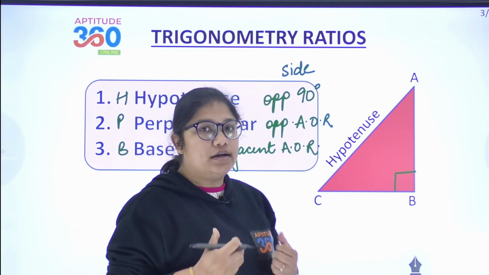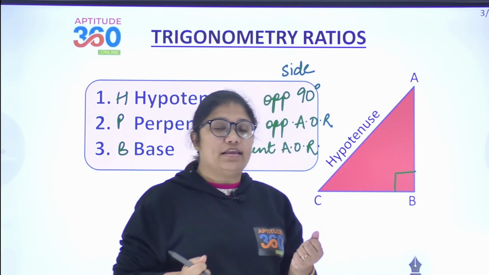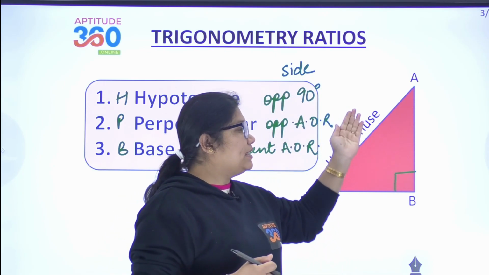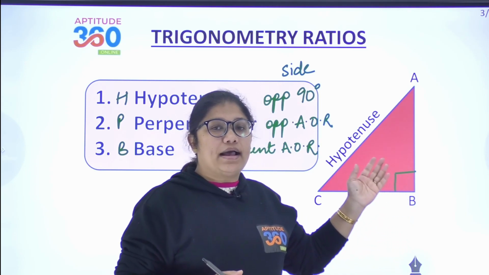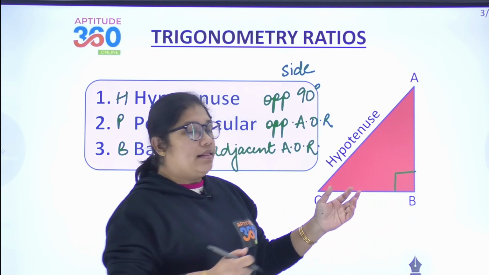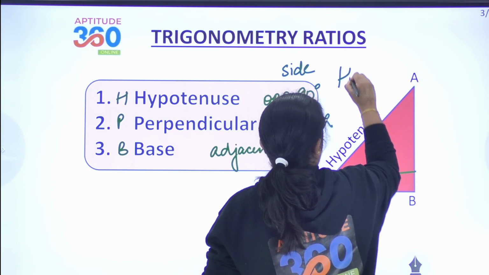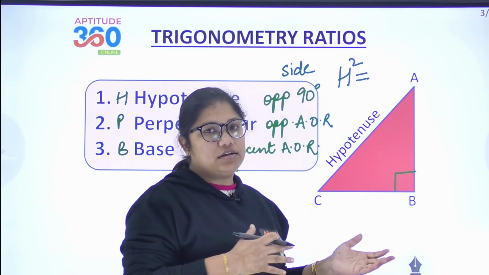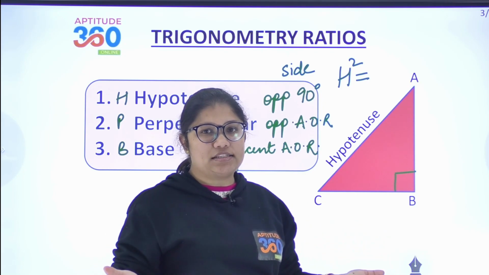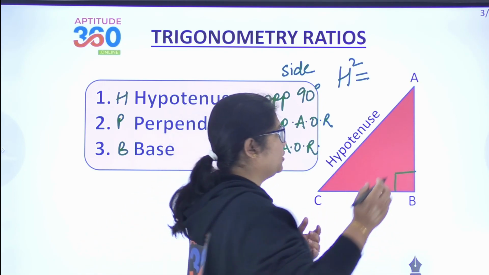If you have watched my earlier video, you would know that there is a relationship that exists between these three sides. That is called the Pythagoras theorem. Pythagoras theorem states that the square of the hypotenuse is equal to the sum of the squares of the other two sides. What are the other two sides? Perpendicular and base.